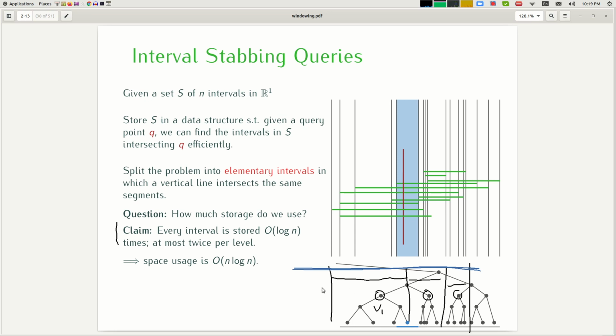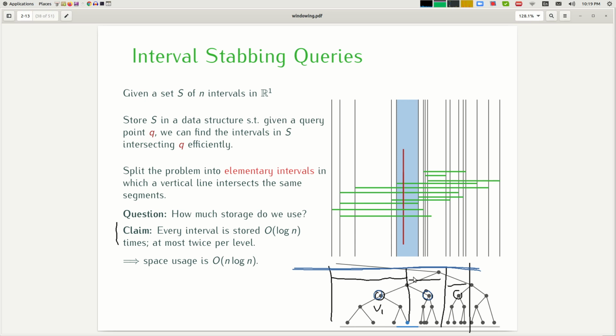So it spans the ranges of consecutive nodes at this level, and if it spans 3 or more, then it must span 2 nodes that are siblings of each other. So therefore, it spans the range of their parent. That means I cannot store it in both of them, because if an interval spans the range of the parent, then I store it at the parent.